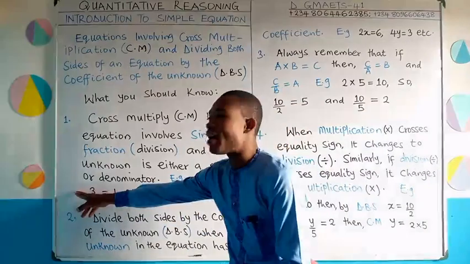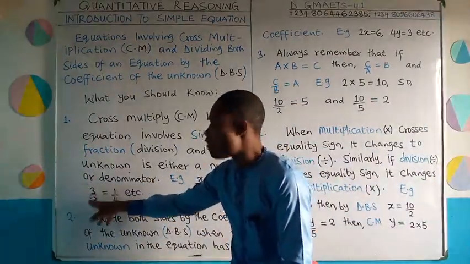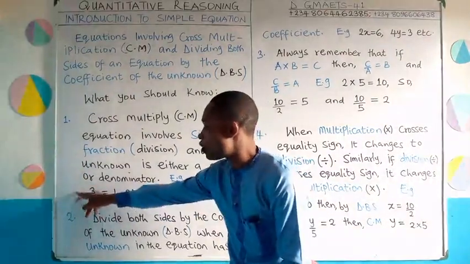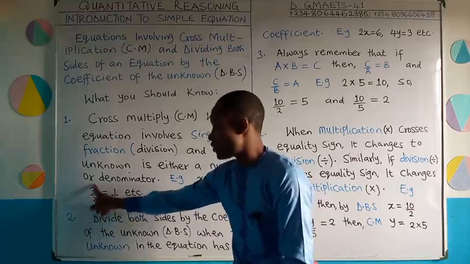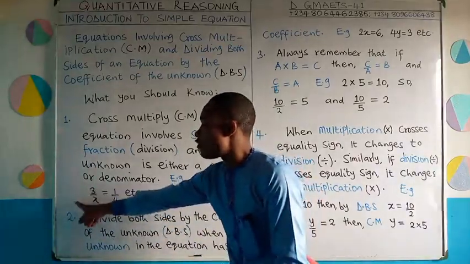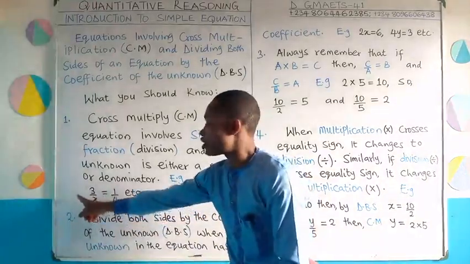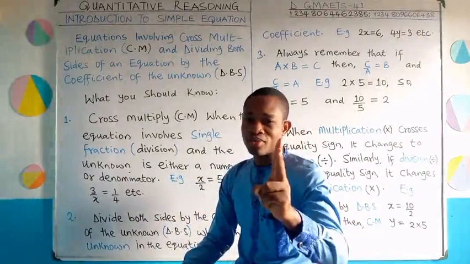Suppose I give you, let's say I have 4 over 5 plus 3 over x. I take that again, 4 over 5 plus 3 over x, or minus 3 over x. Because of the plus or minus between 4 over 5 and this 3 over x, the fraction will no longer be a single fraction, but 2 fractions.